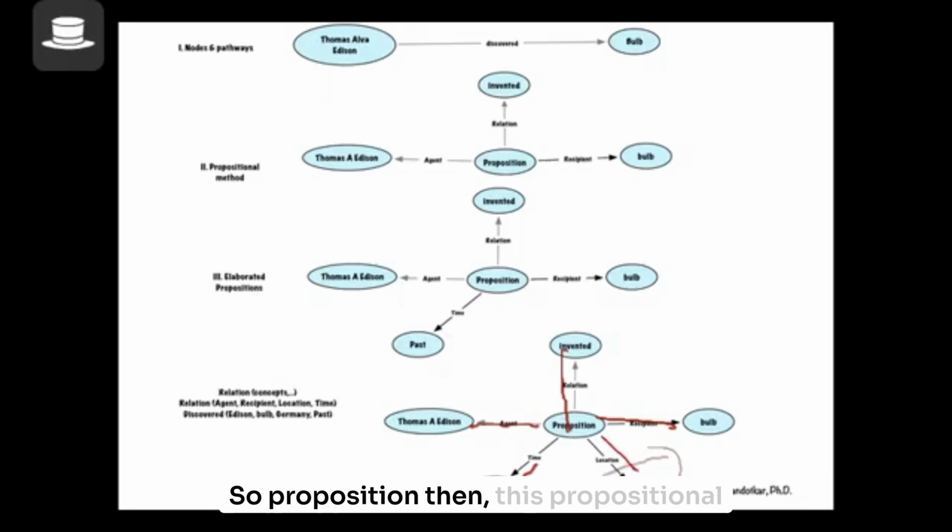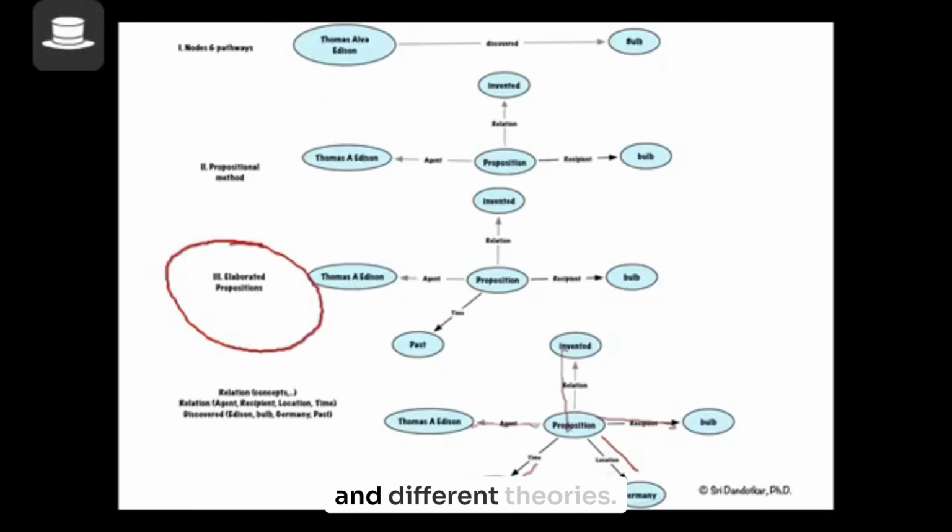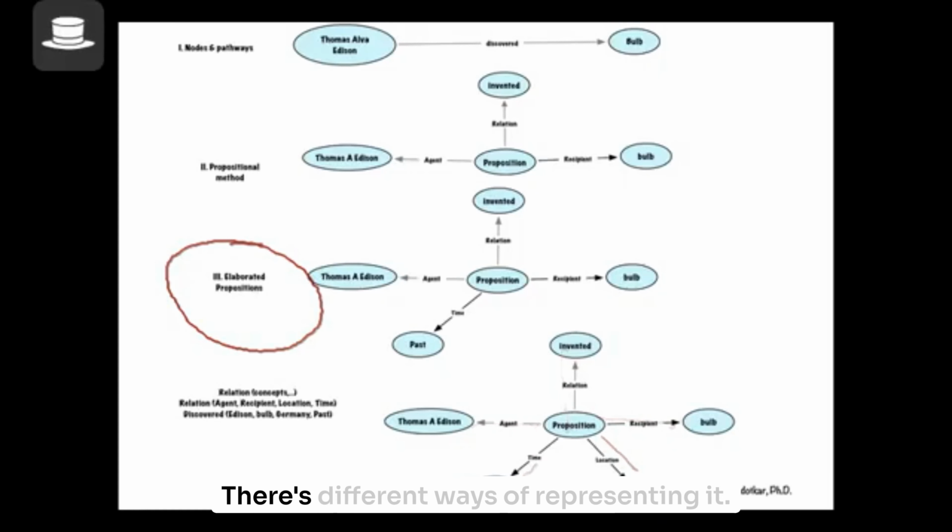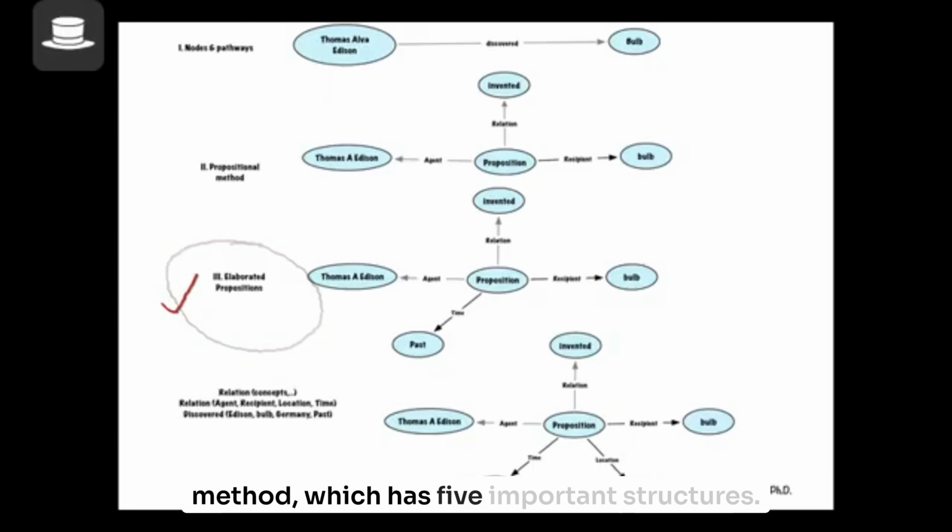So this elaborated propositional method is what we'll use as we talk about different theories. So bottom line, what is a proposition? It's a meaningful unit. There are different ways of representing it. We adopt this elaborated propositional method, which has five important structures.